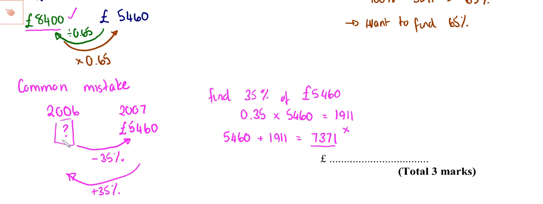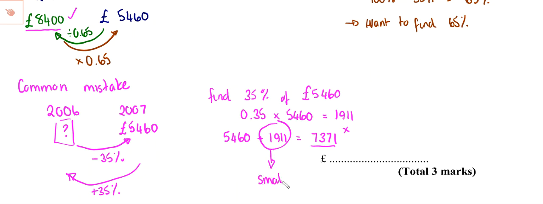So, if I work out 35% of this number and subtract it, I will get that. But if I work out 35% of that number, that's a smaller number, right? Will it be the same number that was subtracted then? No. So this amount here is the problem, right?